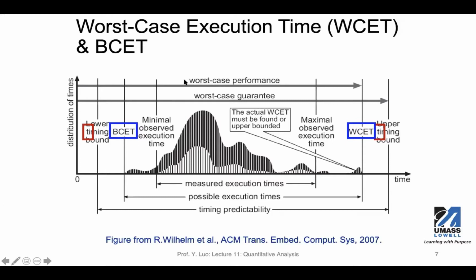And there are some other concepts, worst case performance, worst case guarantee. Those are similar to the upper bound and the worst case execution time we were talking about. If you want to find out more detailed definitions of these concepts, you can refer to this paper.